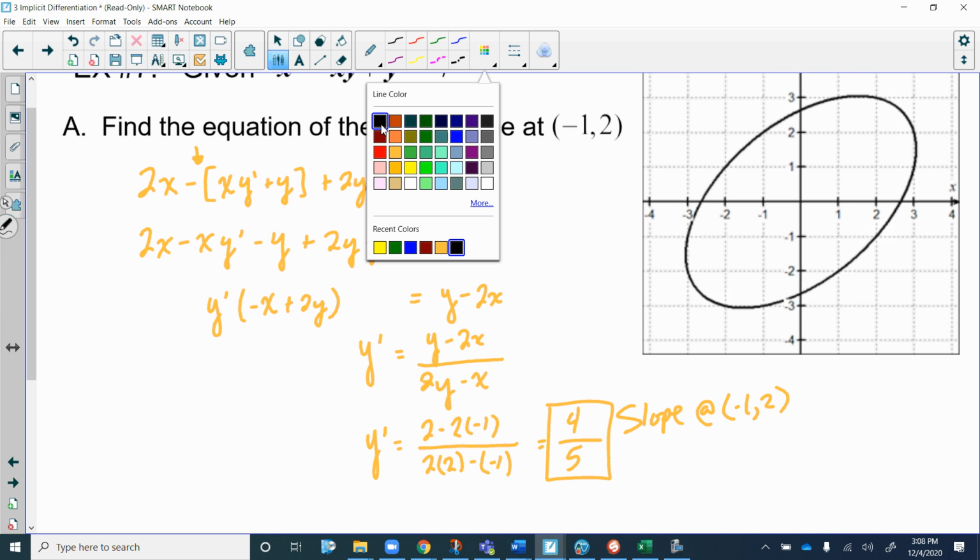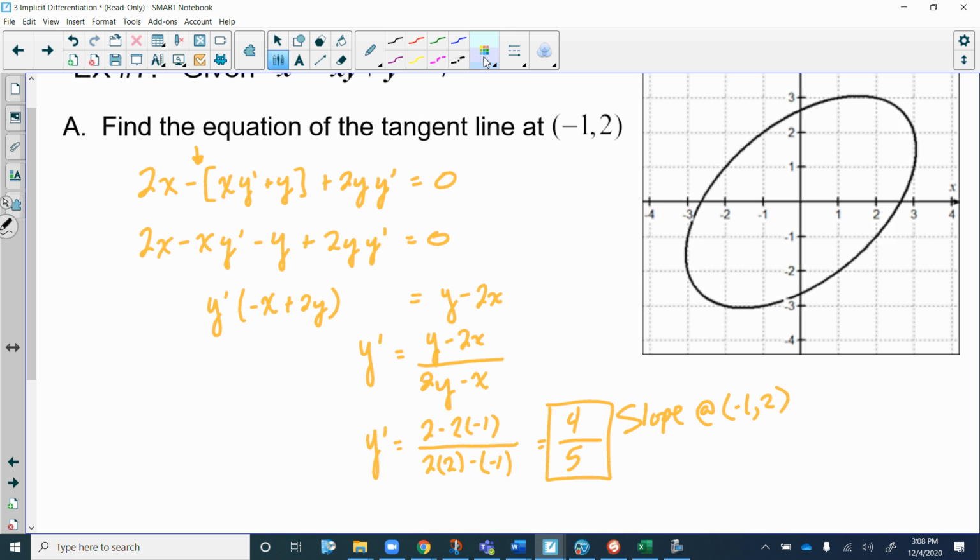So the equation of the tangent line would be y, or f of x, whatever you want to use, equal to 4/5 times x plus 1, plus 2. And if you wanted to, I think this is the correct graph. Negative 1 and 2 is here.